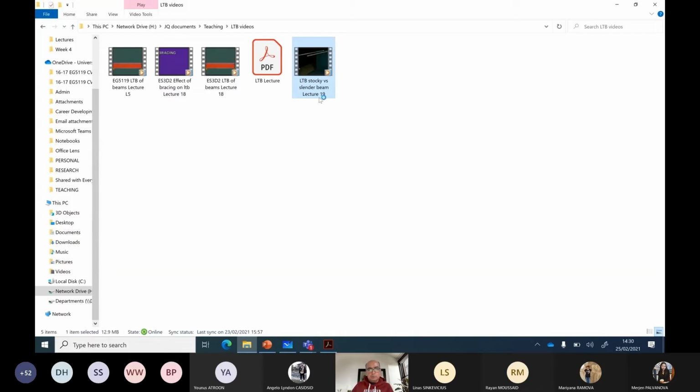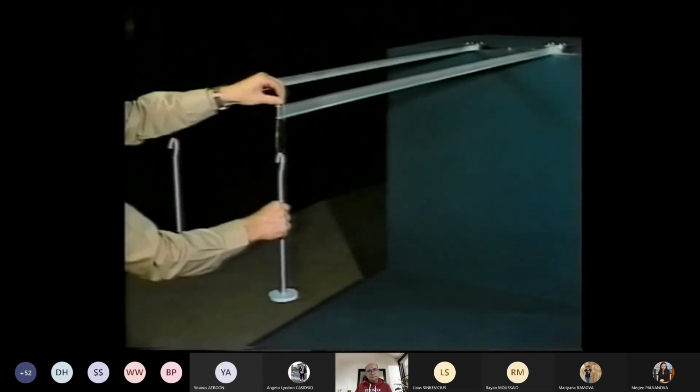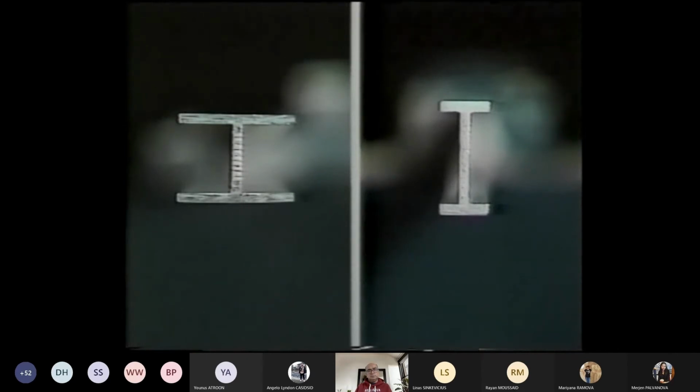Again, I would like to show you another video which will tell us about the shape of the section. Observe the response of the two cantilever beams which are of equal length and which have nearly equal major axis flexural rigidities. The one on the left has a high minor axis stiffness, whilst the one on the right has a low minor axis stiffness.